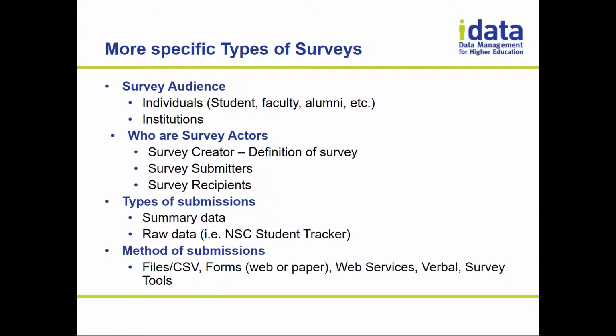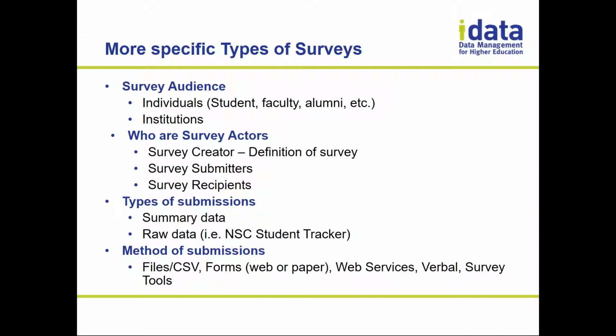The types of submission, right? You might be getting summary data, which is, for example, IPEDS asking you what your total FTE is, or other information that's just a single response or aggregate or calculated information at a summary level.